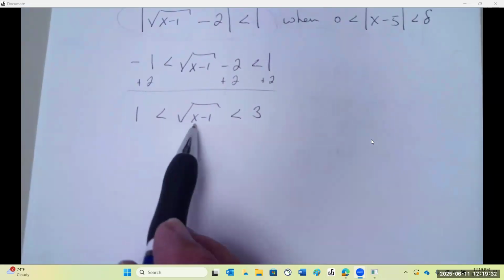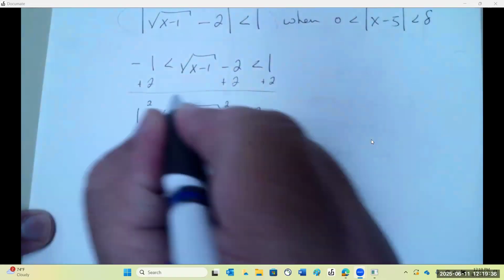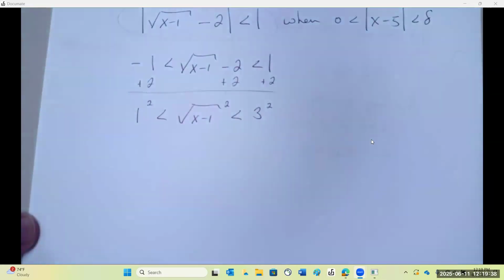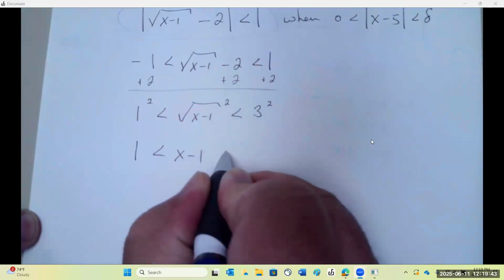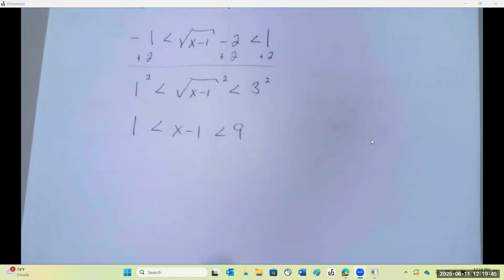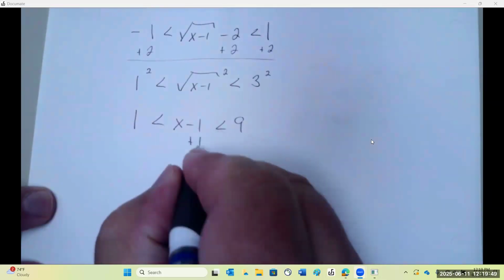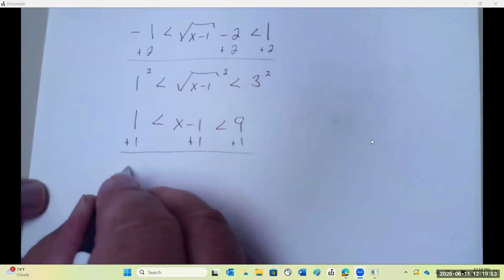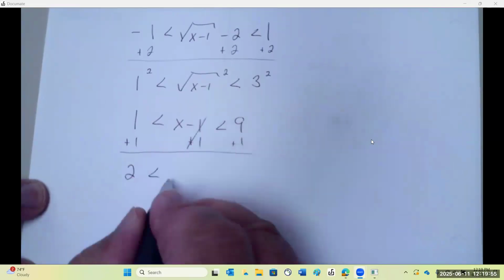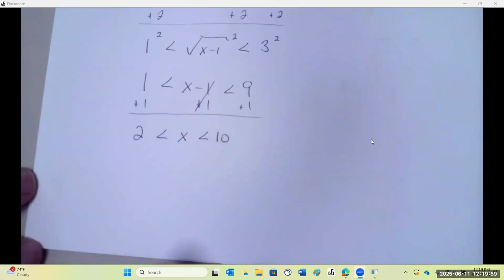How do we get to x? We have to square it to get rid of the square root. So we square all 3 sides. 1 is less than x minus 1 is less than 9. Add 1. So it's 2 is less than x is less than 10.